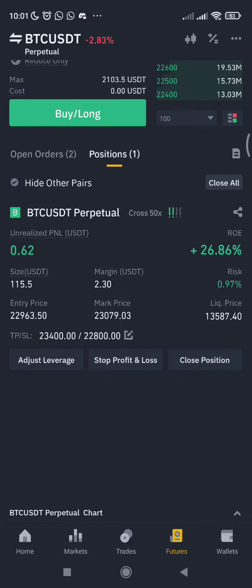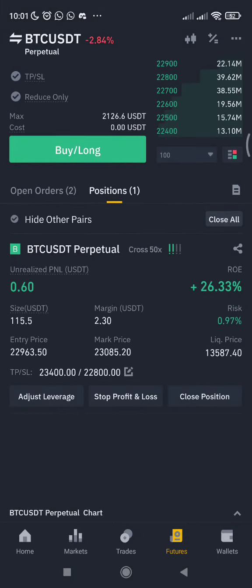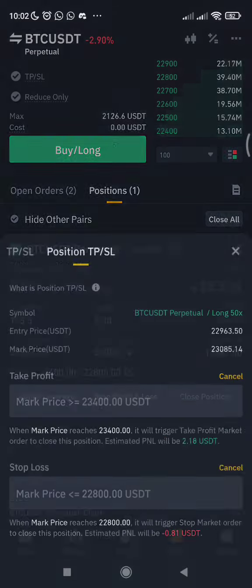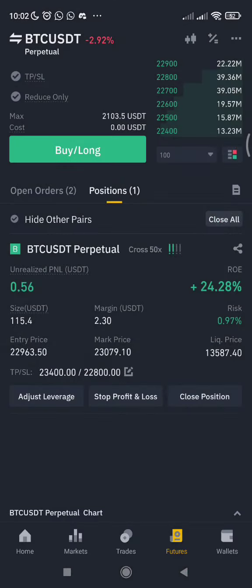Now if the trade is going well, and you see the charts and the uptrend, the coin is really bullish, or your prediction is going according to plan, you can also adjust your stop loss and your take profit. How do you do that?